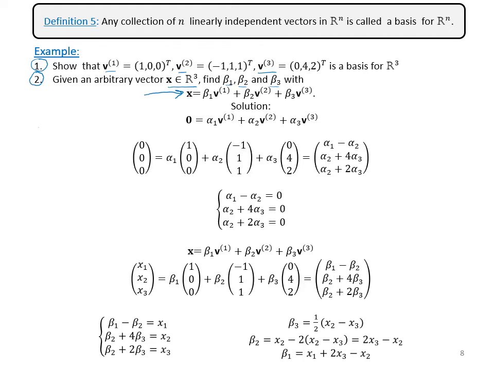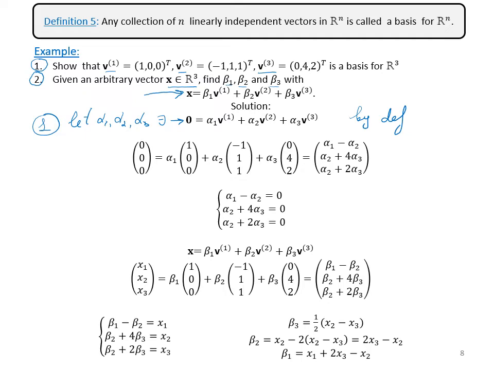Let's start from the first question. Let alpha 1, alpha 2 and alpha 3 be numbers such that the linear combination of vectors v and constants alpha equals the 0 vector, by the definition of linear independence from the previous slide.